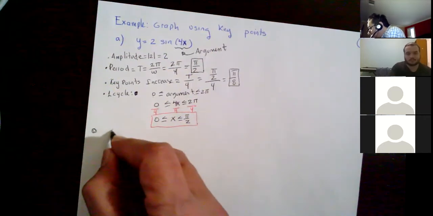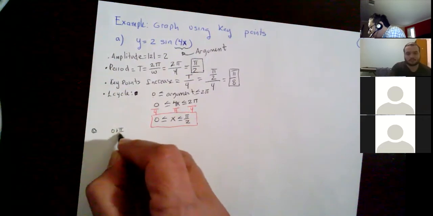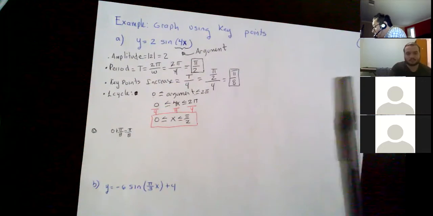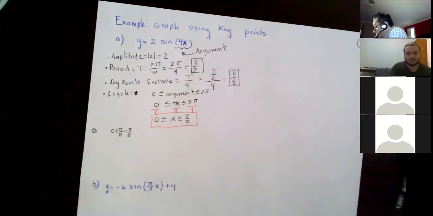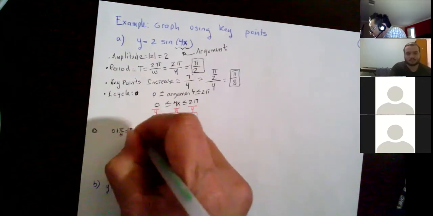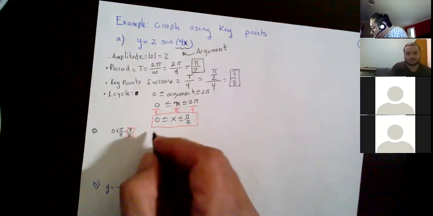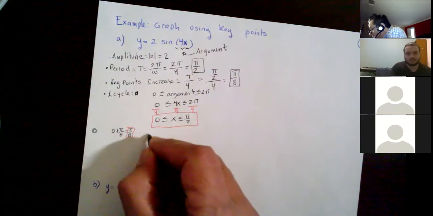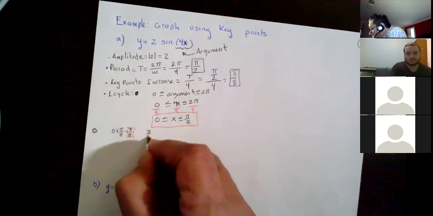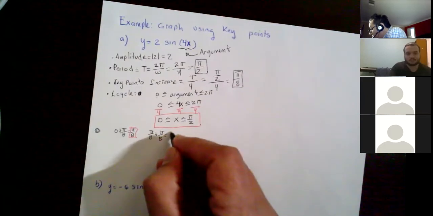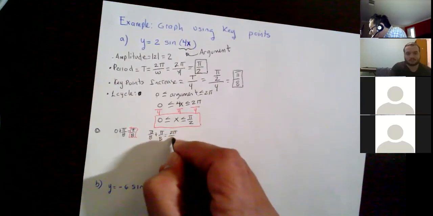So that would be 0 plus pi over 8, which is pi over 8. That would be another key value, pi over 8. To get the next key value is going to be pi over 8 plus pi over 8. That's equals to 2 pi over 8.